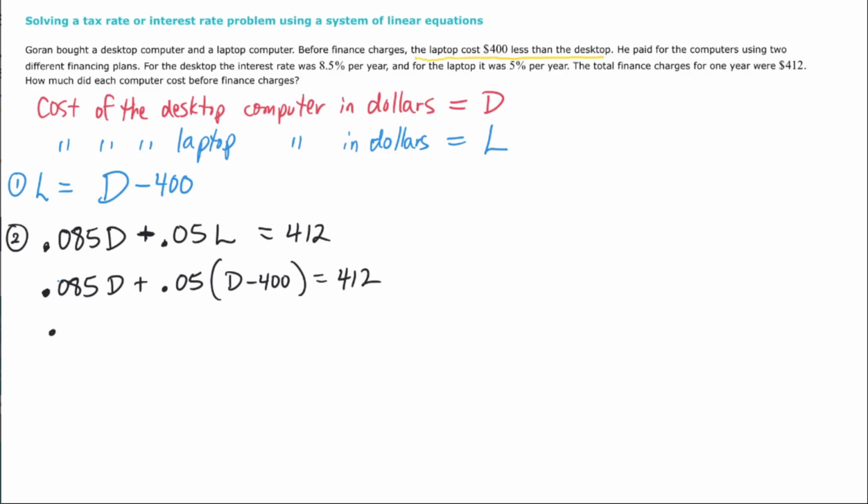Let's simplify this. 400 times 0.05 is 20, and that is equal to 412. What do we have so far? We have 0.09 times D is now equal to 432.